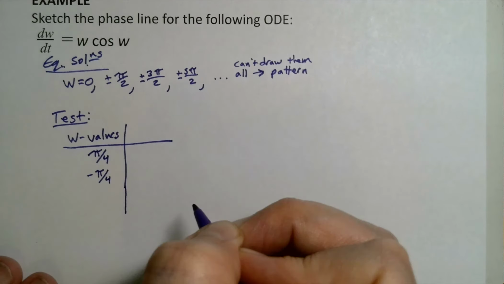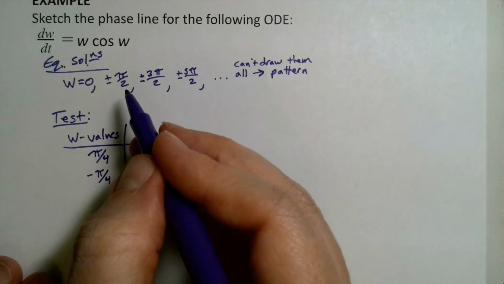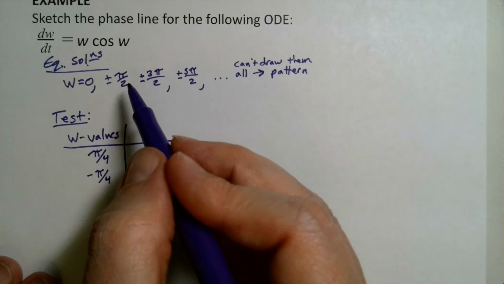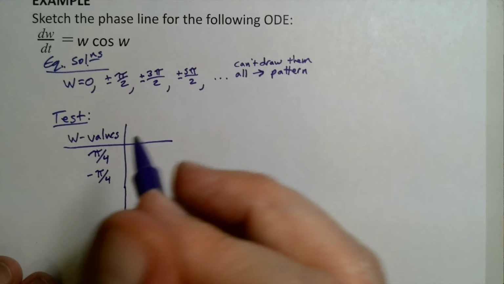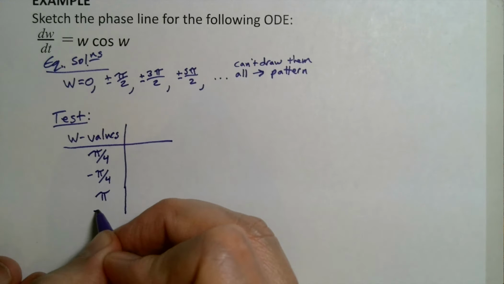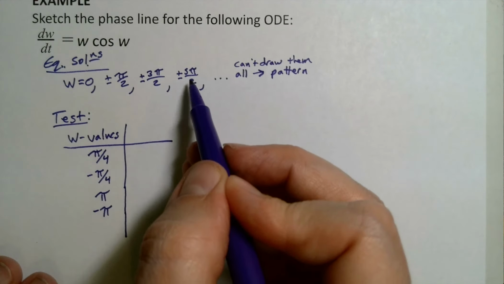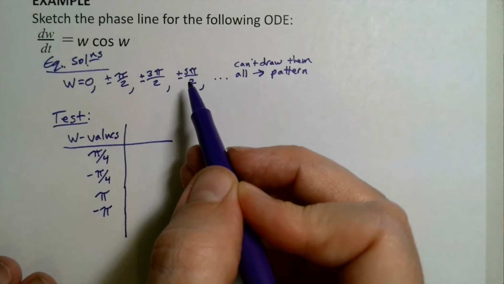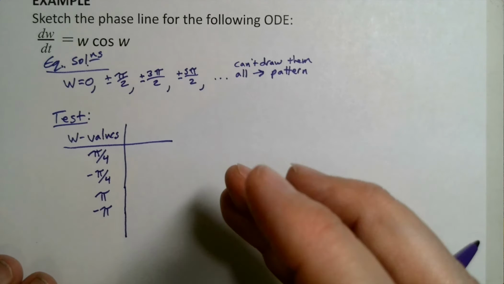Those are on either side of 0, but not as big as pi over 2. And then, of course, we need something between pi over 2 and 3 pi over 2, so plus or minus pi would work for that. And then we need something between 3 pi over 2 and 5 pi over 2, so plus or minus, I don't know, 7/4 pi or something like that. That ought to work.